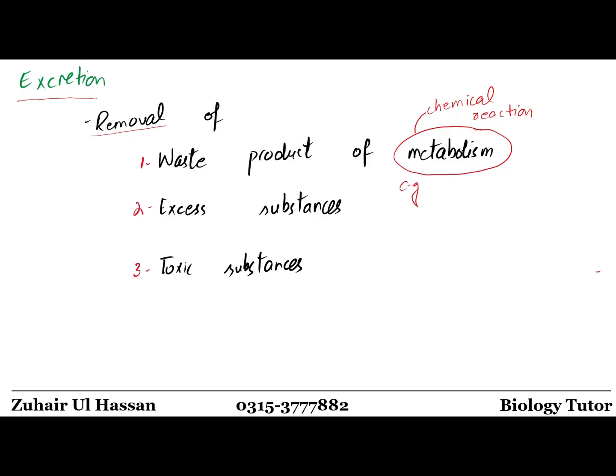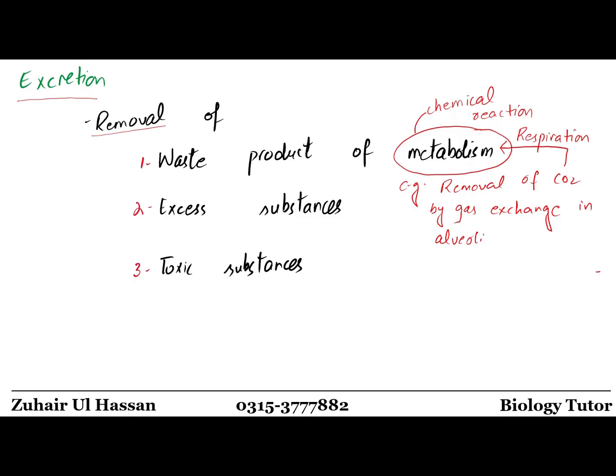For example, take carbon dioxide. Carbon dioxide is removed by the process of gas exchange, and that gas exchange takes place in a structure known as the alveoli. Where does this carbon dioxide come from? It comes from a chemical reaction known as respiration.